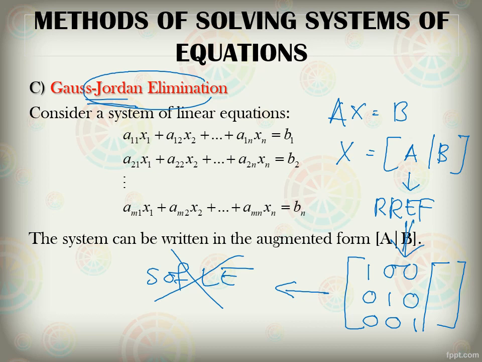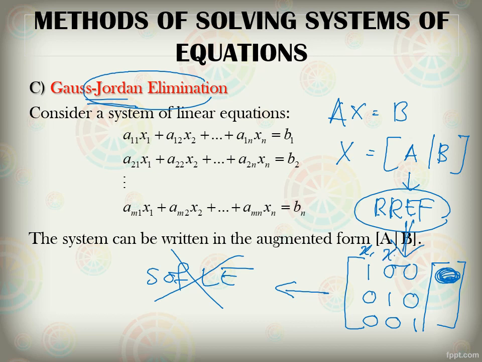When you reduce your matrix A to RREF, or identity matrix, you can instantly see the solution for the unknowns, where your x1 will be whatever value is on the right side here.